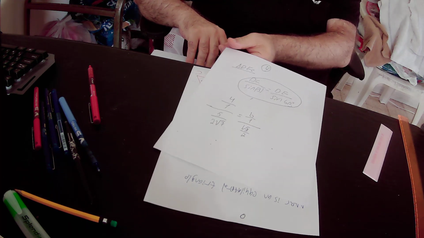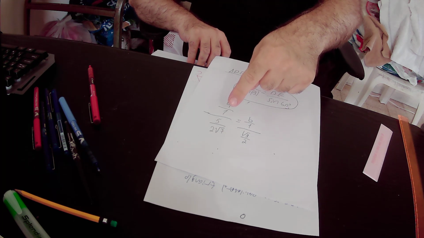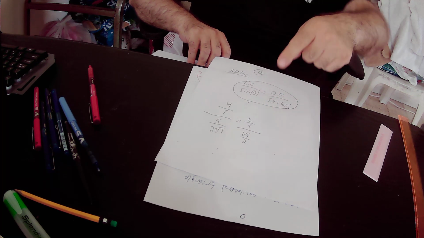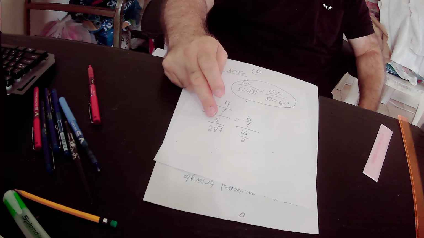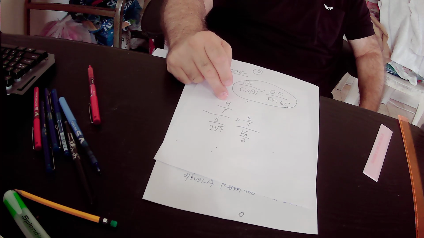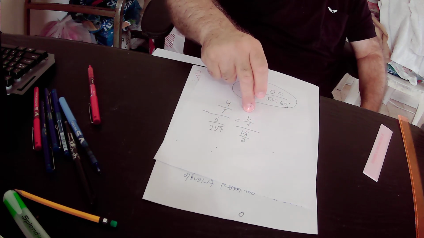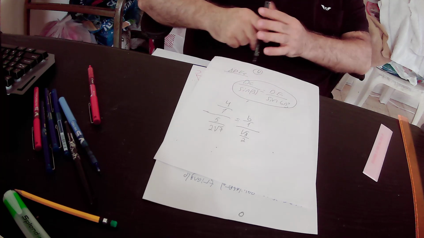So in total we got that 4 over (5 over 2 times root 7) equals b over (root 3 over 2). Here we can move 2 times root 7 to the numerator and 5 to the denominator, and here we can move 2 to the numerator and root 3 to the denominator.